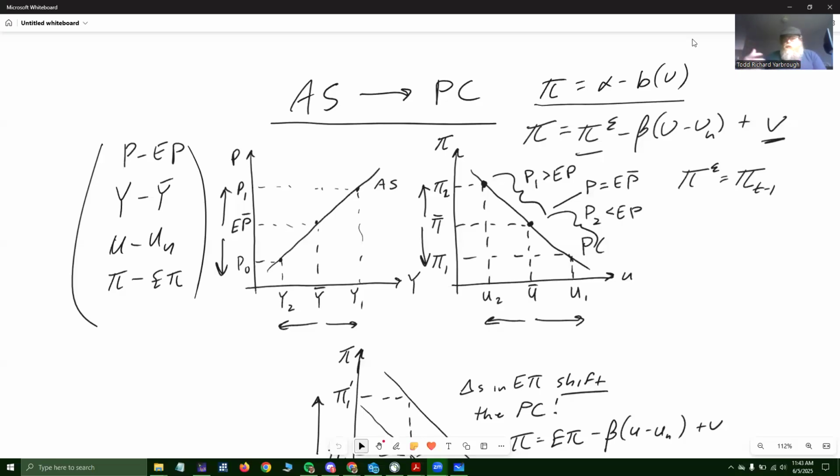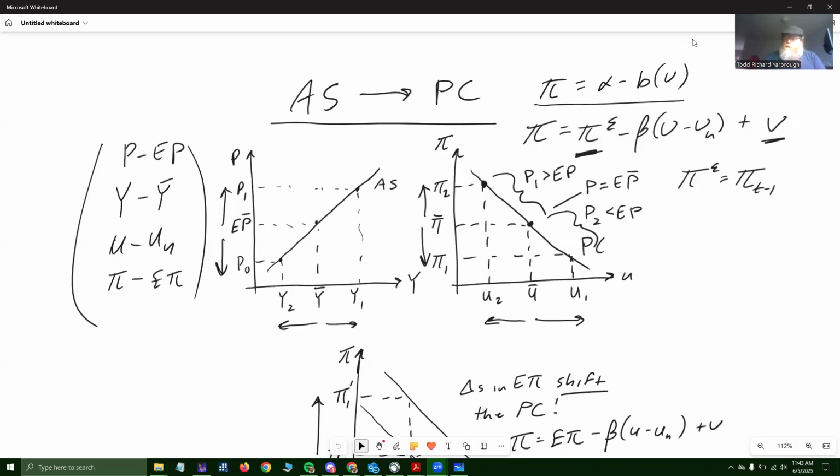Okay, and so one of the big things is that this development in particular, the expectations development, is really important, and I think is again something that even people who supported or thought about the Phillips curve thought, oh, okay, this makes a lot of sense.